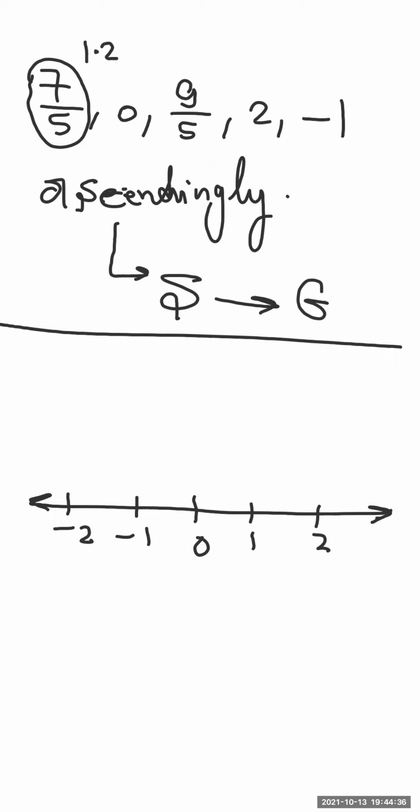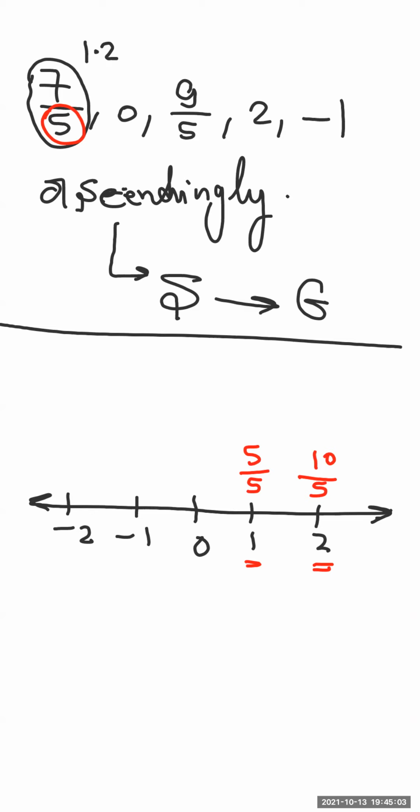So it's greater than 1 and less than 2, which means 7 over 5 will be between these two numbers. So I have to convert these two numbers into fractions with denominator 5. 1 times 5 is 5, and 2 times 5 is 10.